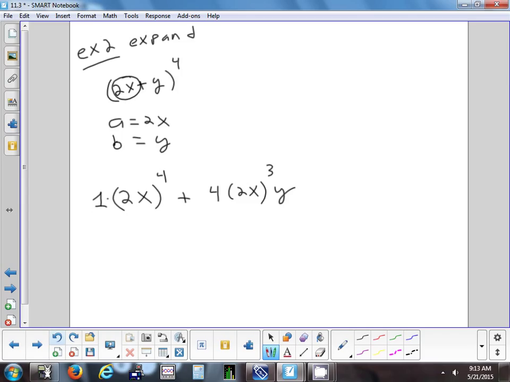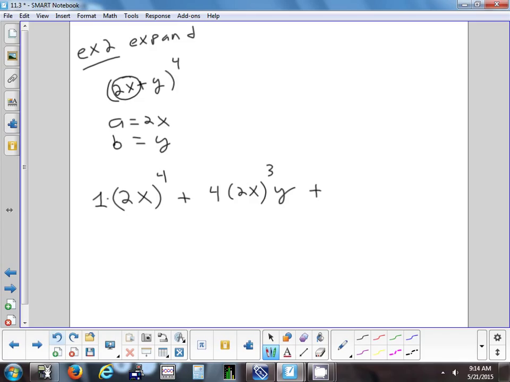Shouldn't there be y in the first set of terms? No y in the first one. Oh, right, sorry. If you want to think of it as y to the 0 power, you could think of it that way. Just like in the last term, there won't be a 2x.